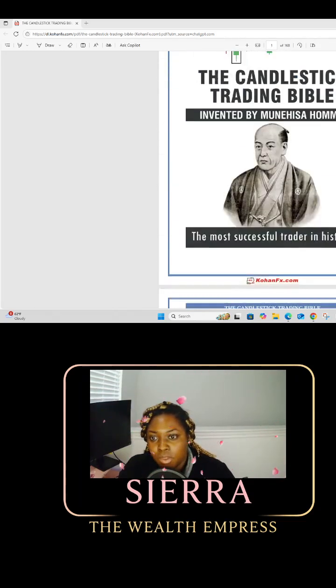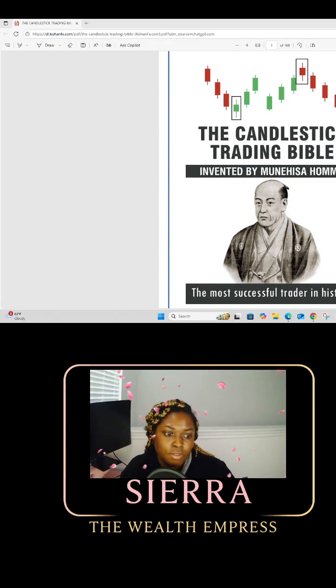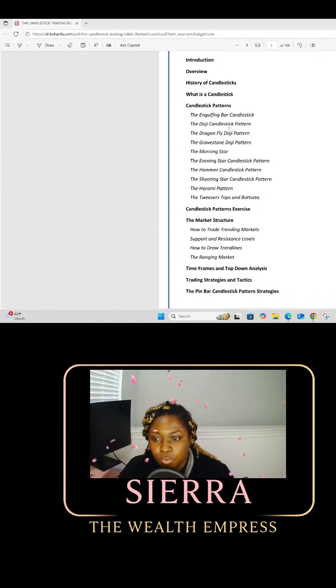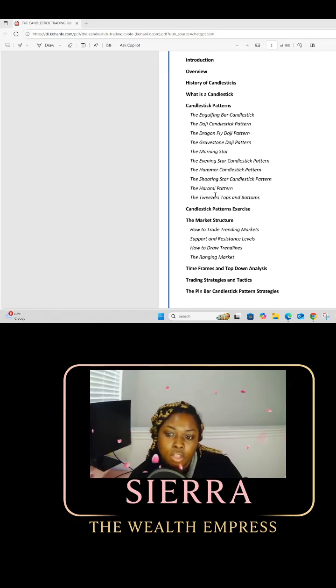Okay, so we started the Candlestick Bible. If you don't know, it's the anatomy of a candlestick, because with price action, each candle tells a story. So just a recap, we went over the engulfing candlestick, the doji candlestick, the dragonfly doji, the gravestone doji, the morning star, the evening star, the hammer, shooting star, the harami, and the tweezer tops and bottoms.